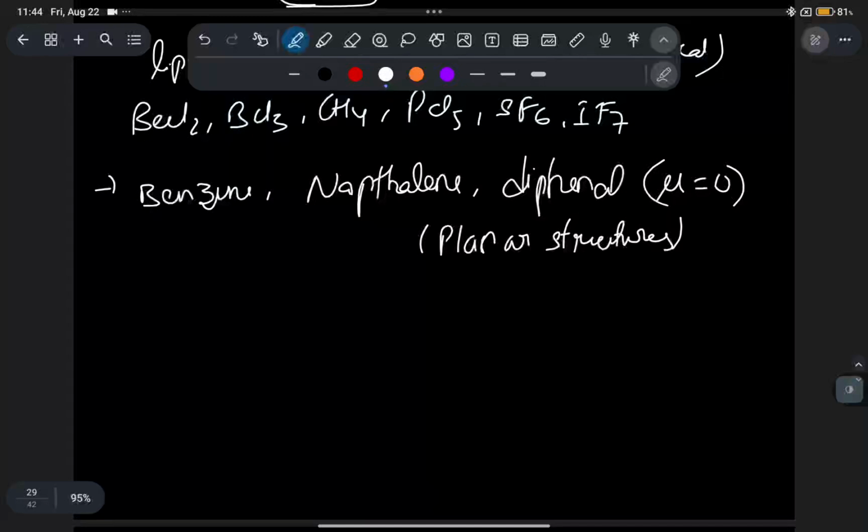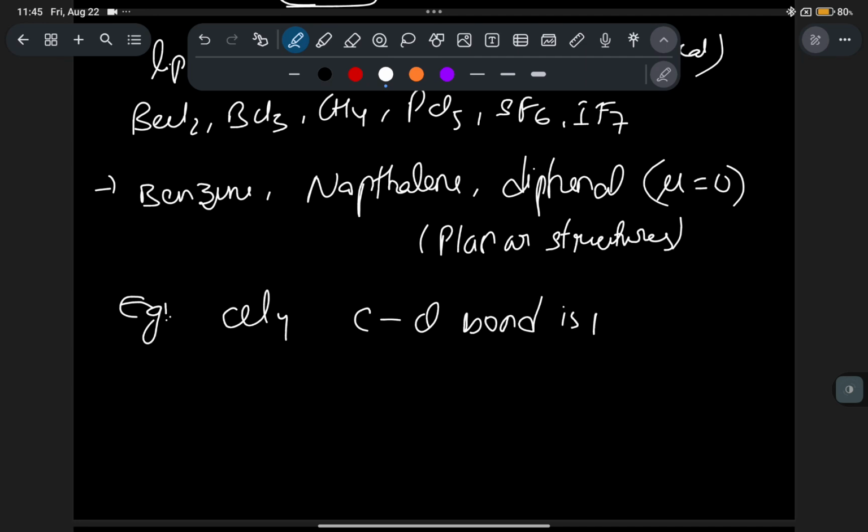Next, if you see, for example, CCl4. Here the C-Cl bond is polar, but CCl4 is non-polar.